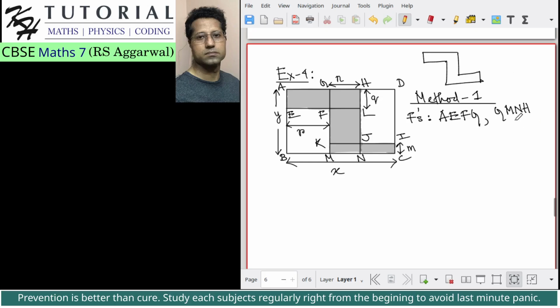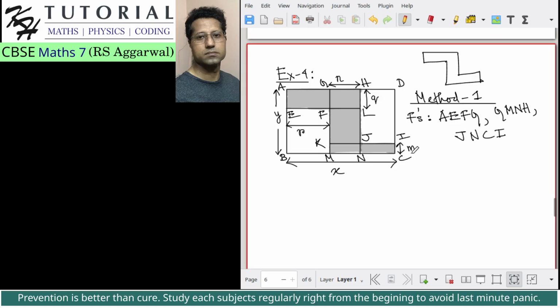Now I must see whether I can find the dimension of the rectangle GMNH. GM is the length, which I know is the length of the enclosing rectangle, which is Y, and MN I also know it is given as small n. Okay. Now the last rectangle will be JNCI.